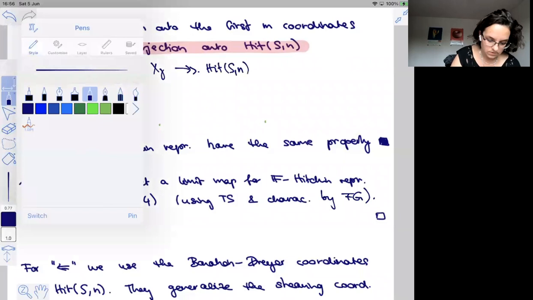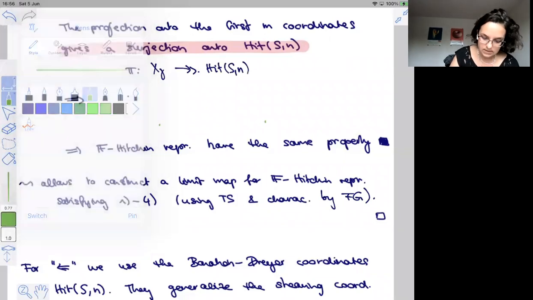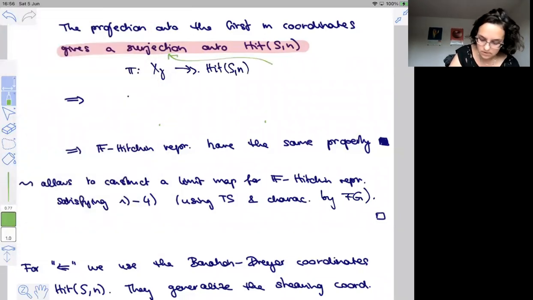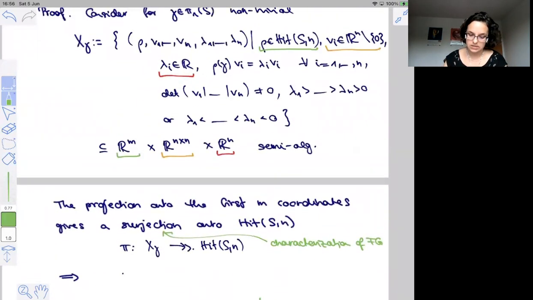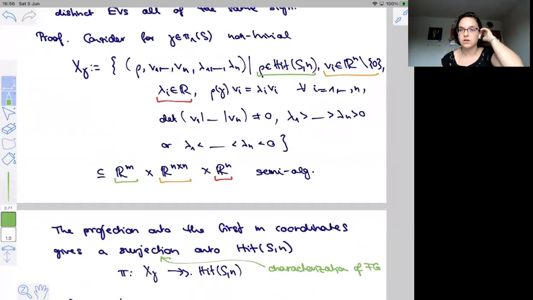And why is this a surjection? This is just by the characterization of Fock and Goncharov. They said a Hitchin representation is R positive, so it satisfies all these properties.